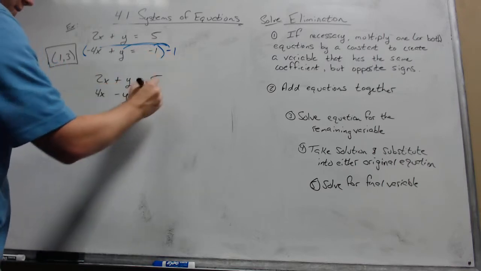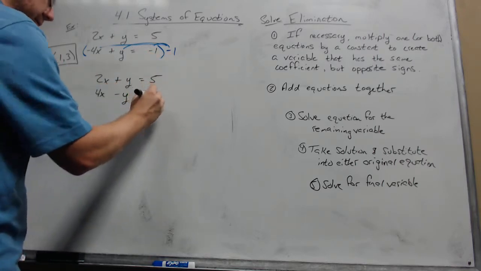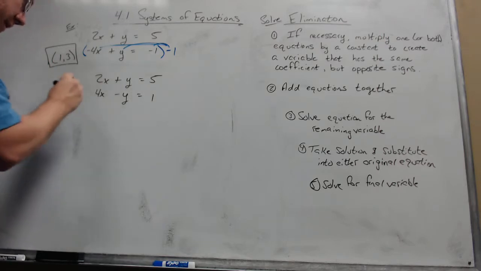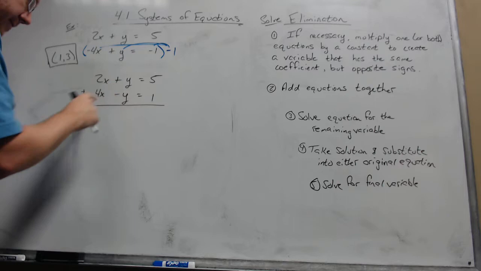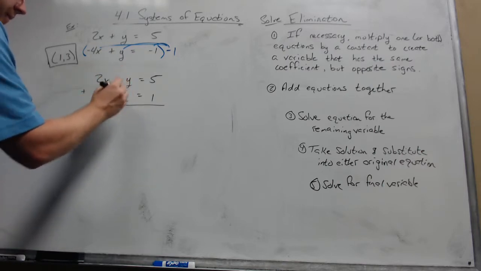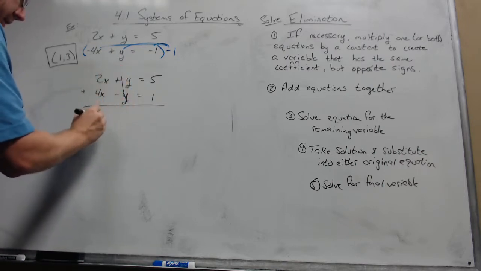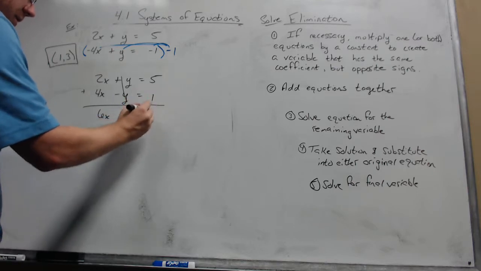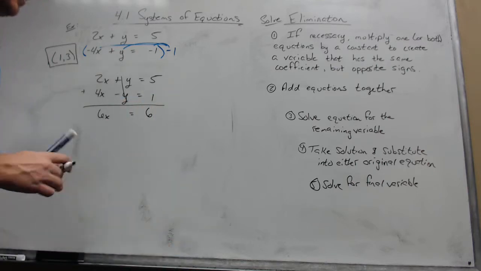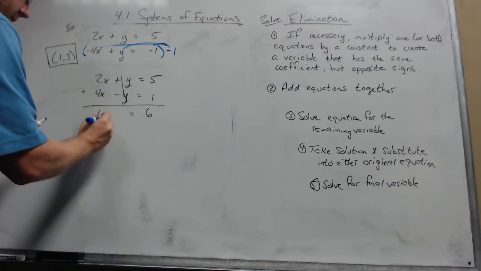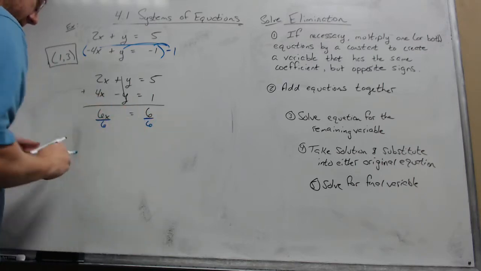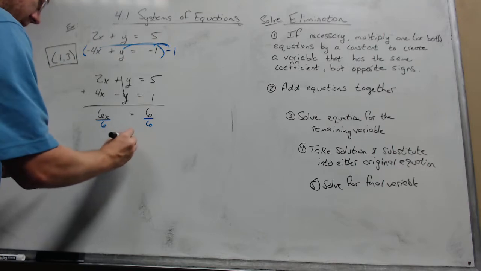And negative times negative would be positive 1. Now we can add these 2 equations together, and we've made it so the y's will cancel out. And now we have 6x is equal to 6. Divide by 6, divide by 6, and x equals 1.